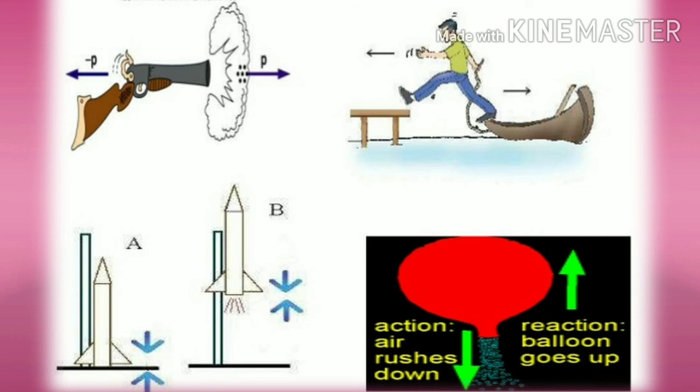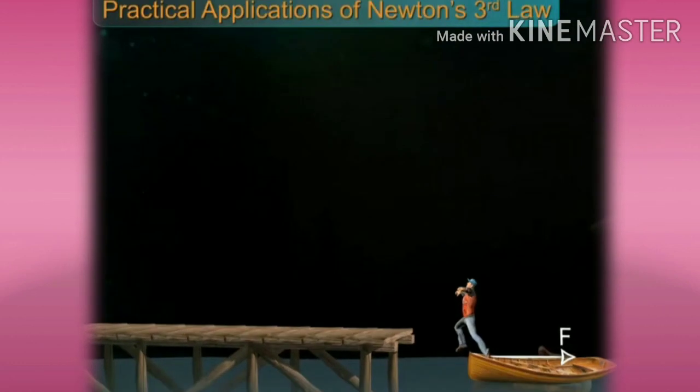Another example is a rocket. See here. Now the third example is a boat. Here in the boat, when the man jumps, at that time the boat goes to the front side, when the man is putting his force on the other side.